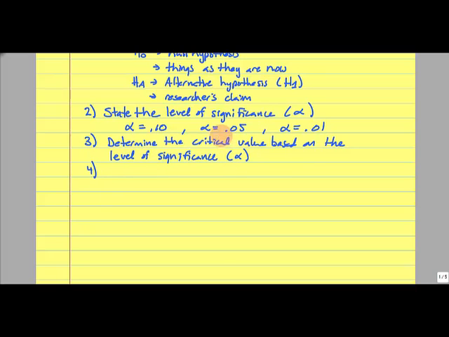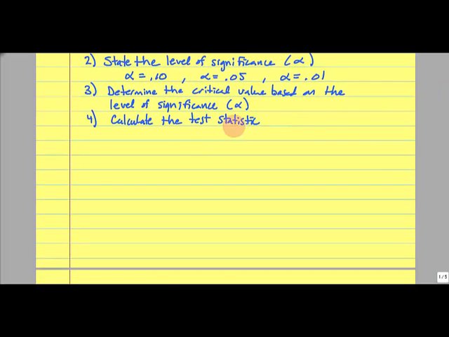So we determine the critical value, and then we will calculate the test statistic. The test statistic will change based on what we're testing. For instance, if I'm testing something about the mean, my test statistic will be different than if I'm testing something about the population proportion. There are many different test statistics, and we'll go through some examples. After you calculate the test statistic, you draw a conclusion or make a decision.